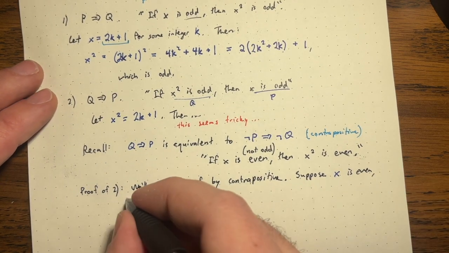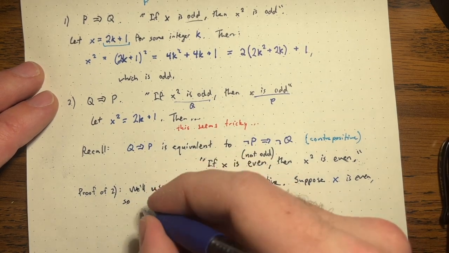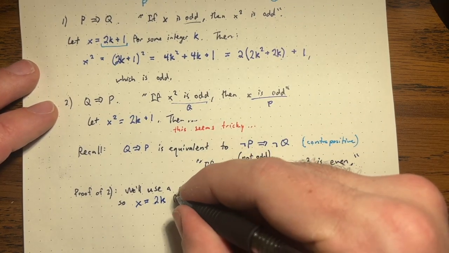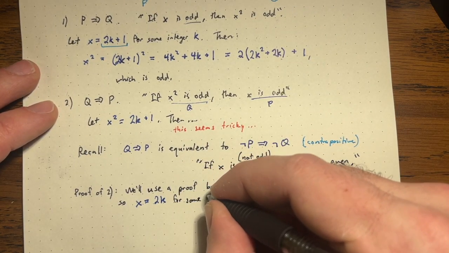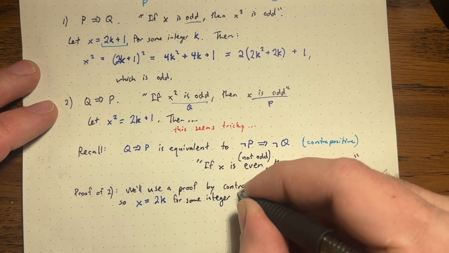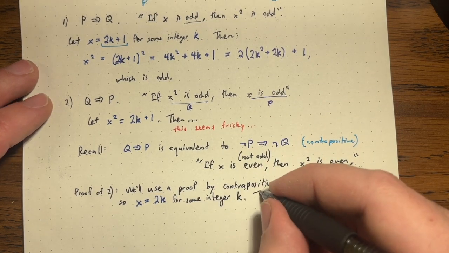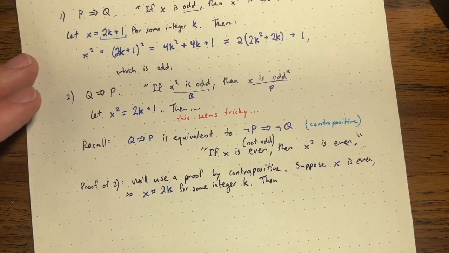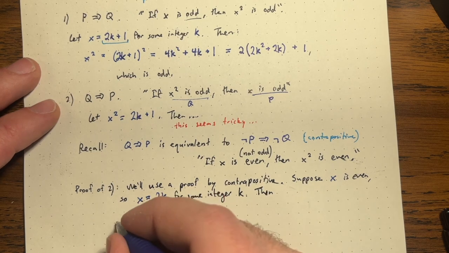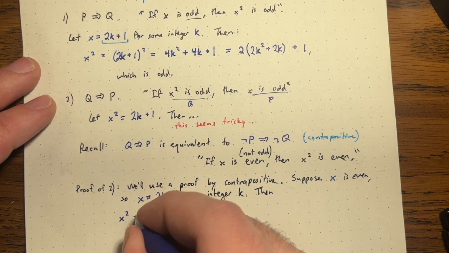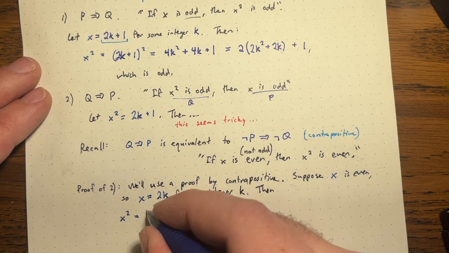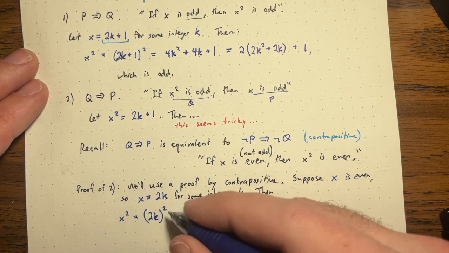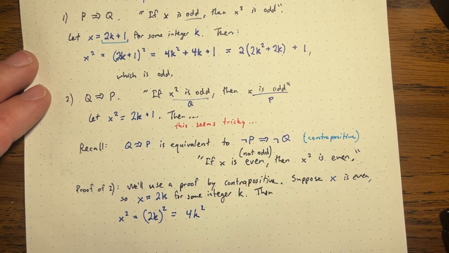What does it mean to be even? So X is 2k for some integer k. Then I want to show this: X squared is even, the then part. I'll do some algebra here. X squared is 2k squared, and the only thing I see to do with that is square both of these, so 4k squared.